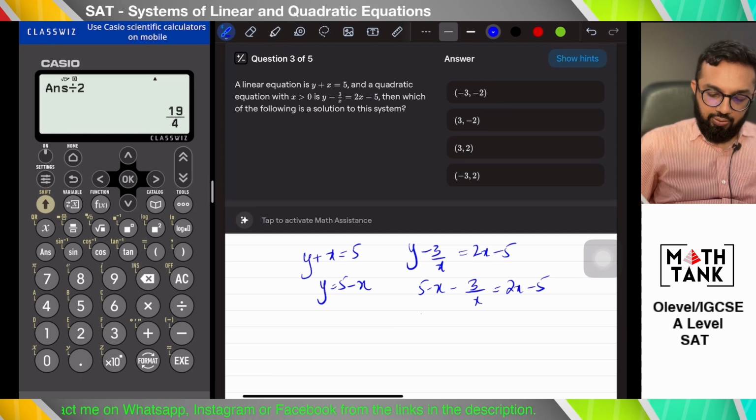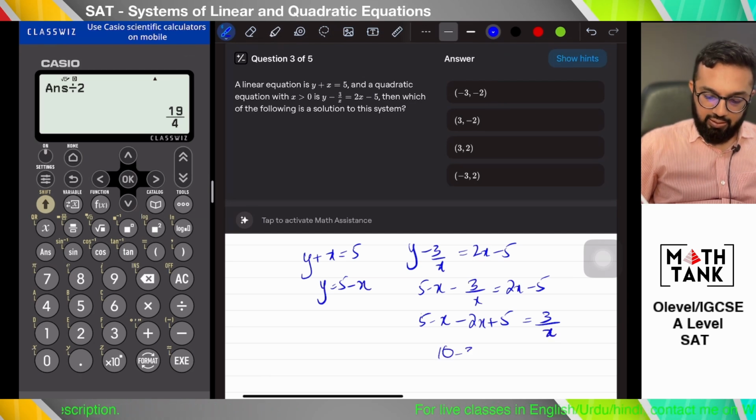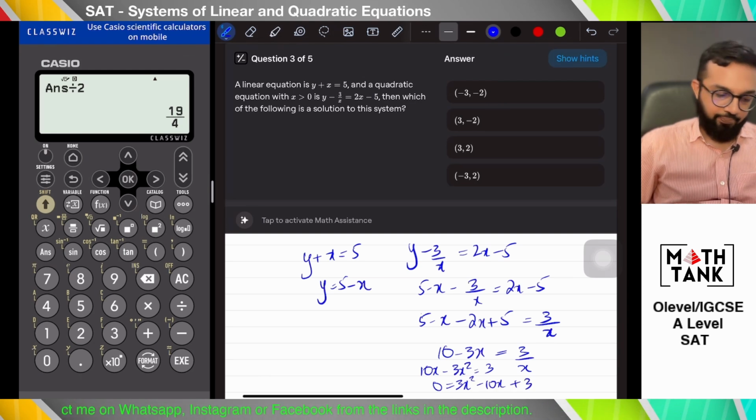I think I should just net this first and then cross multiply. So 10 minus 3x equals 3 over x. So 10x minus 3x squared equals 3. 3x squared minus 10x plus 3.